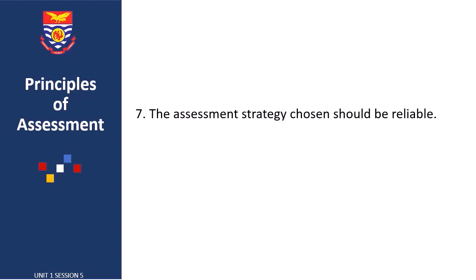You took the assessment this month, 2020, and the student was able to score 90, 80. In the next year, when I conduct that same assessment, we expect that the students should be able to score the same. Then we can say that assessment is reliable. Another way is that when I do the assessment in the morning, in the afternoon, or in the evening, any time of the day, that student should be able to score the same. Then the assessment is reliable, provided that illness is exempted from this statement.